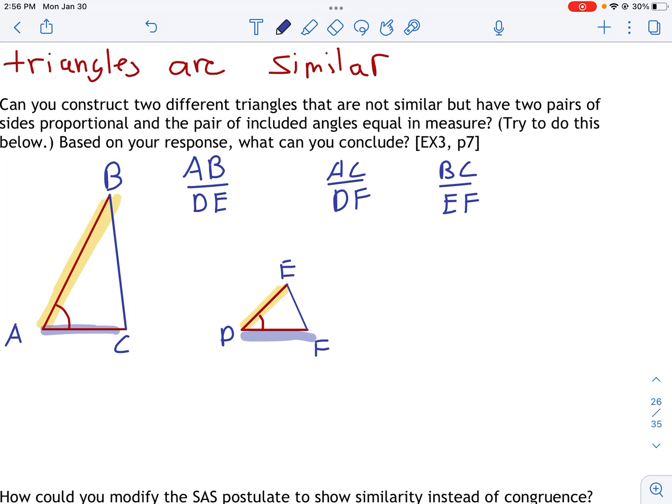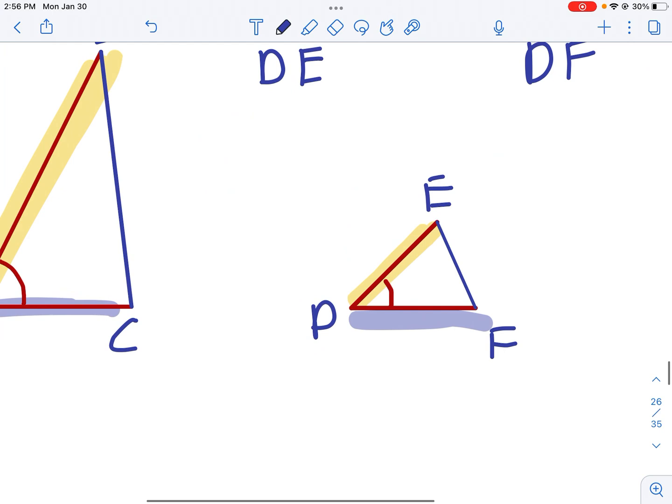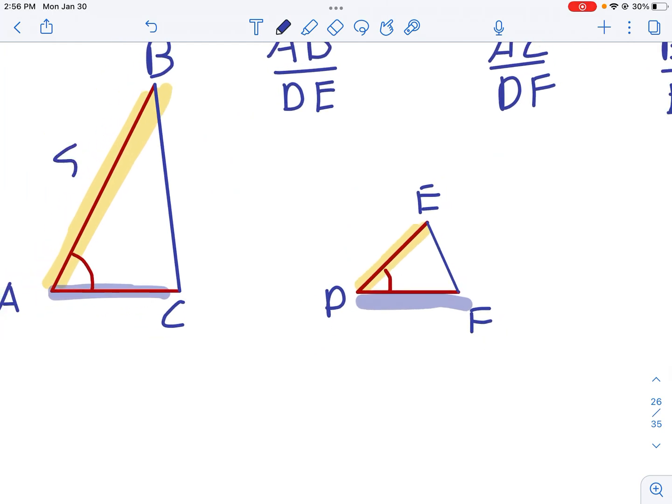If all of these are the same, then our triangles are similar, okay?